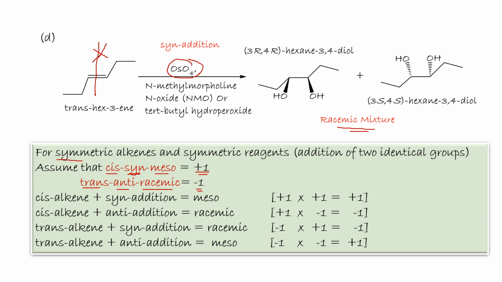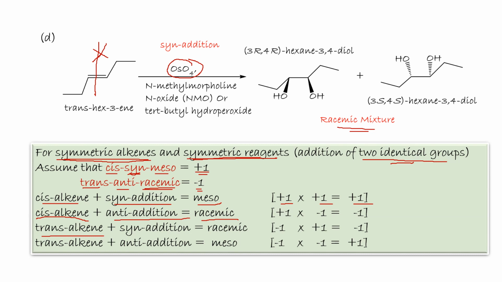We are talking about a symmetrical alkene and a symmetric reagent, which means you are adding two identical groups, in this case two OHs. Then cis plus syn addition will give meso. +1 times +1 gives +1. Okay, cis +1, anti -1, then you get minus, a racemic mixture.